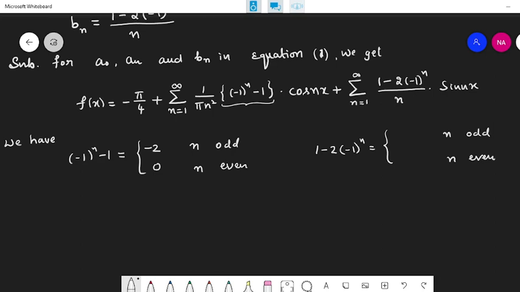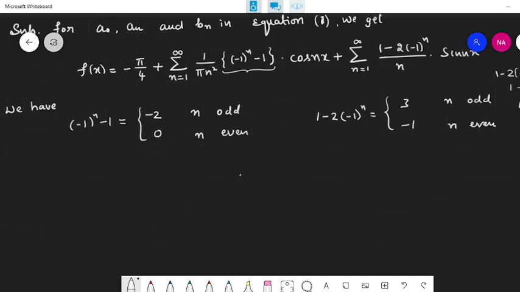So if n odd, minus 1 power n will be equal to minus 1. So 1 minus 2 into minus 1, that will be 1 plus 2, it will be 3. And when n even, minus 1 power n will be plus 1, 1 minus 2 it will be minus 1.